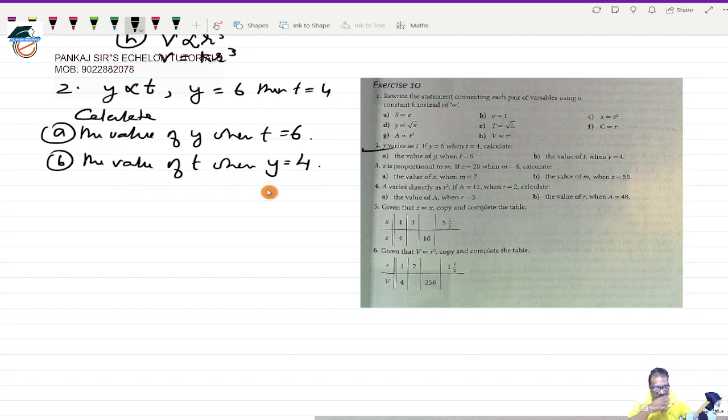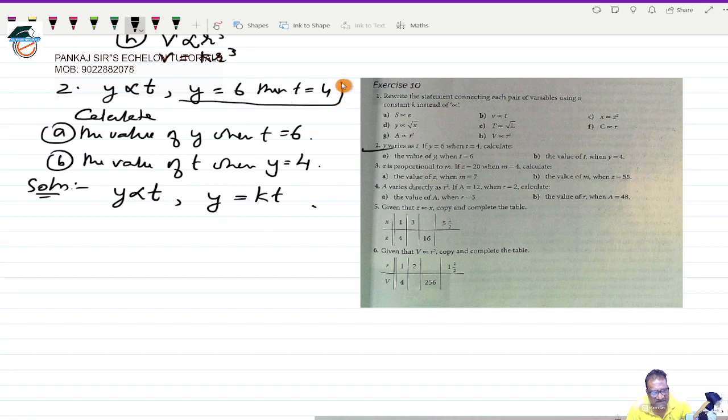Now see how we are going to solve this type of question. This is a typical question on variation, direct variation. So y is directly proportional to t. Now this is the solution. The variation relation is given to you, y is directly proportional to t. Immediately you write this in the equal to form, so y equal to kt. Now one set of y and t is given to you.